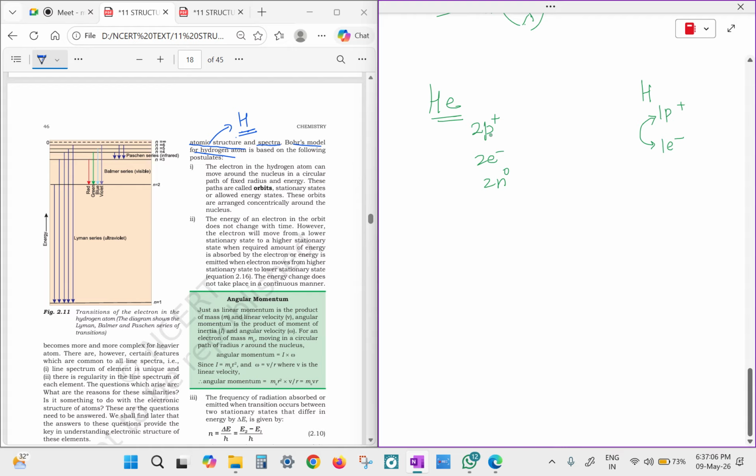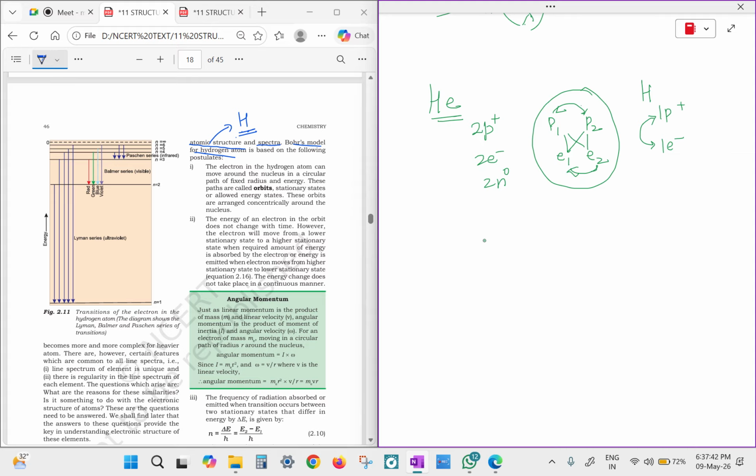But here, there will be attractive force between proton 1 and electron 1 and electron 2, and proton 2 will attract electron 1 and electron 2. Then proton and proton will repel because they are like charges, and electron and electron will repel like charges. So there are many forces due to which the spectrum looks complicated, and you cannot interpret the spectrum of anything other than a single electron system. Clear?